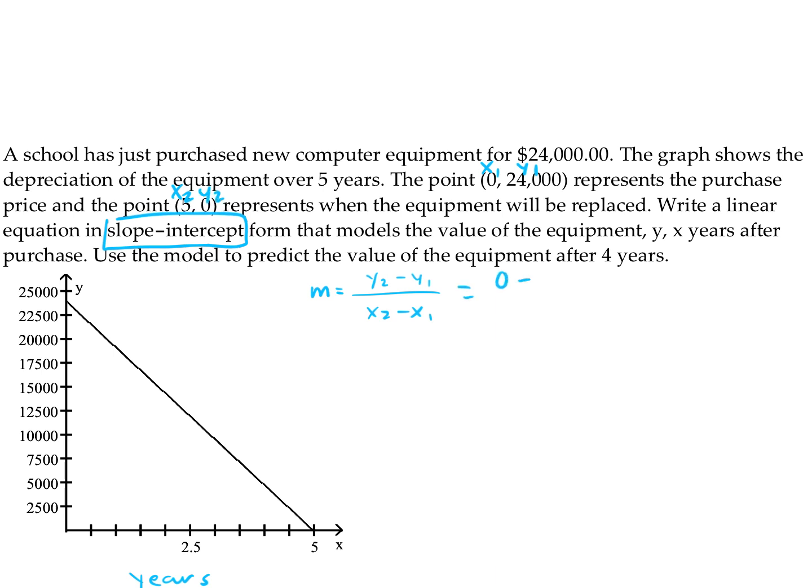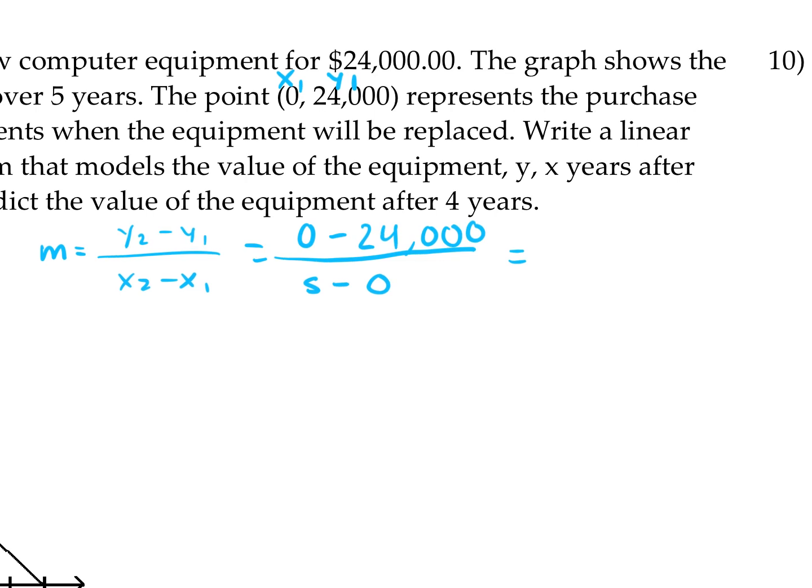So we have 0 minus 24,000 over 5 minus 0. So we get negative 24,000 over 5.